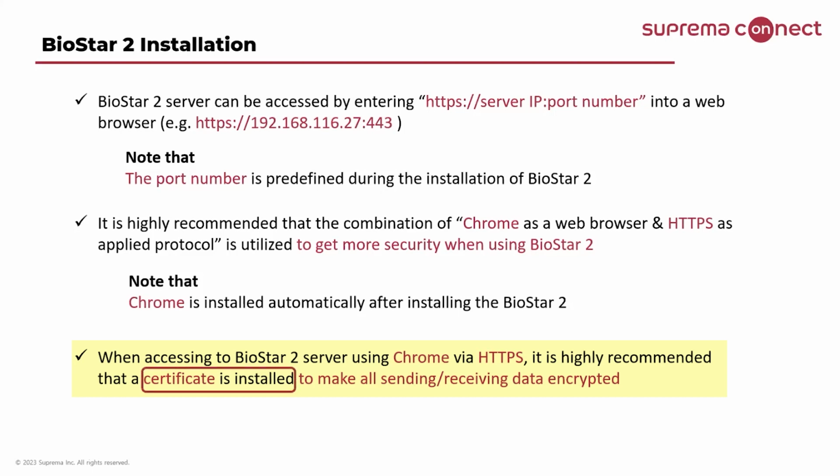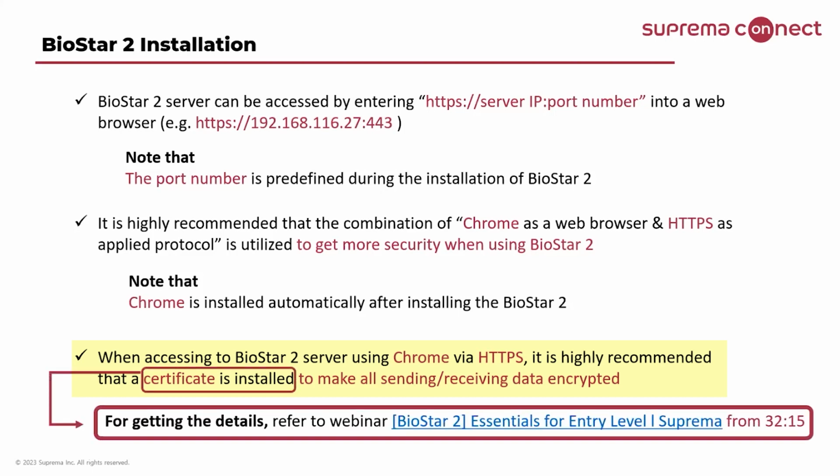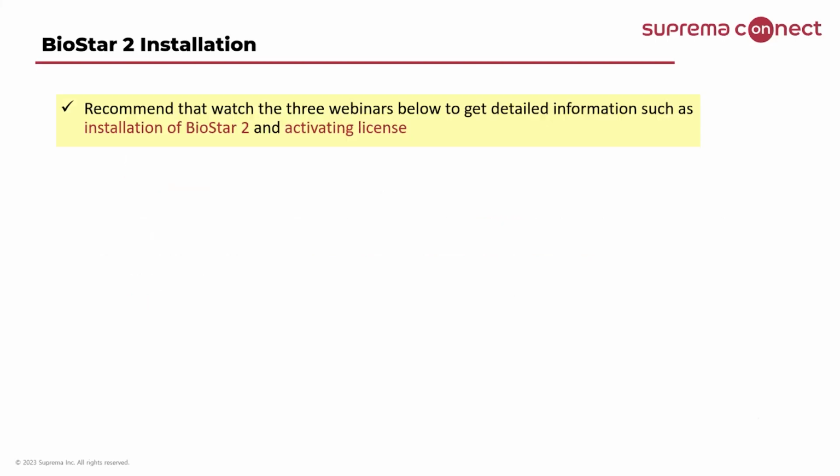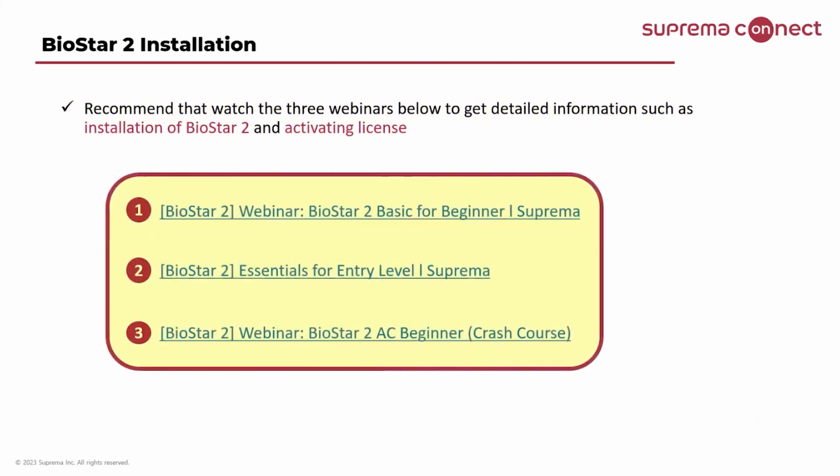To get the details for the certificate installation, please refer to the following webinar. Before moving on to the next chapter, I recommend that you watch the following 3 webinars first to get specific information such as how to install BioStar 2.